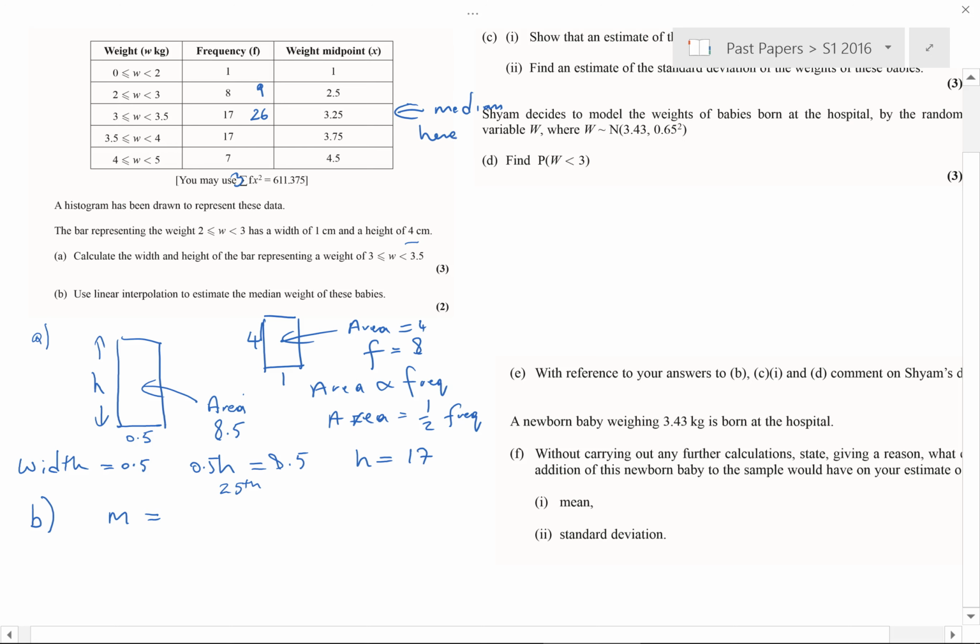We also have a sense it's quite a long way into this group because we want the 25th, and the 26th is the last one in that group, so we have a sense that it's closer to 3.5. But anyway, it's some number greater than 3.